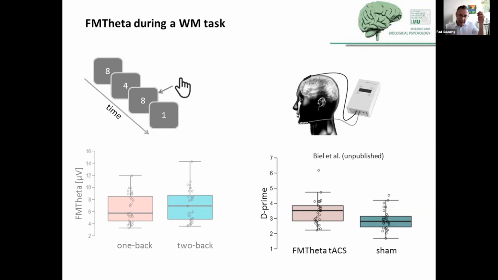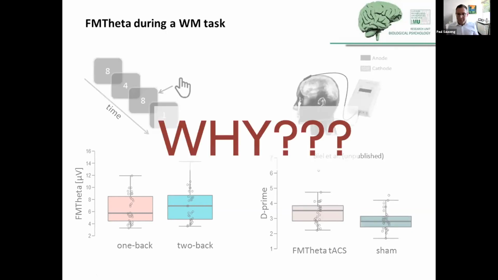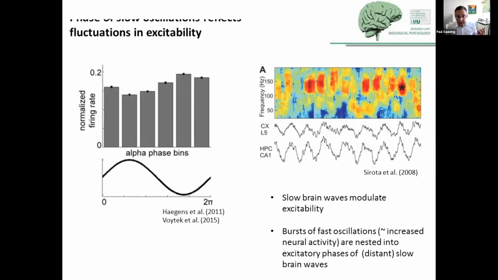But the question now is, why? Why is there an increase in frontal midline theta activity? Why is it important to have a lot of theta, high amplitude theta in frontal cortex when a task becomes more complex? And the idea behind might be that, as we already heard earlier, the phase of this rhythmic fluctuation is really, really important, that it reflects something like a rhythmic fluctuation in excitability, for instance.